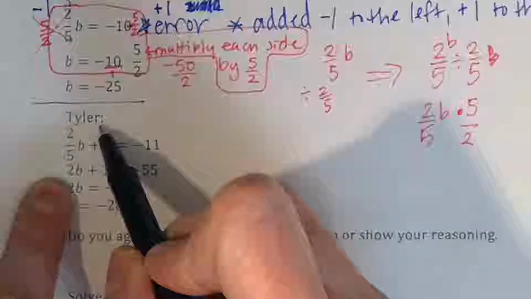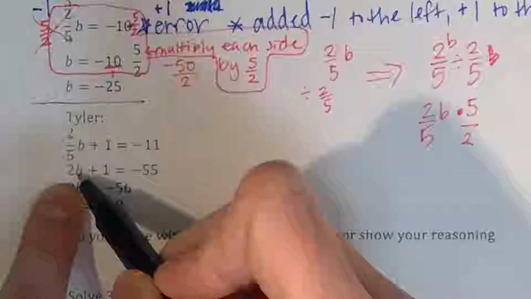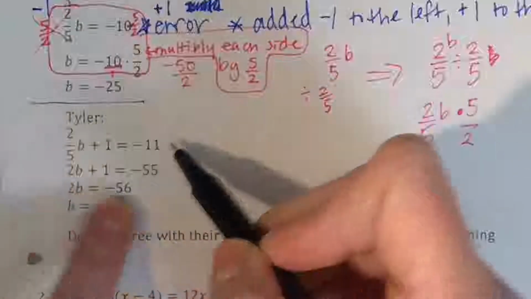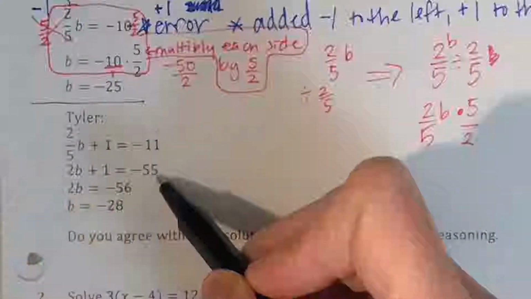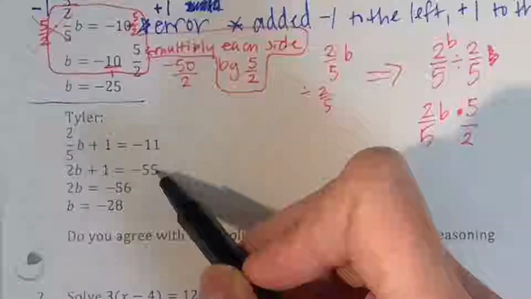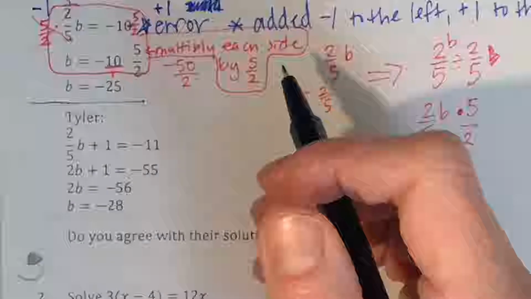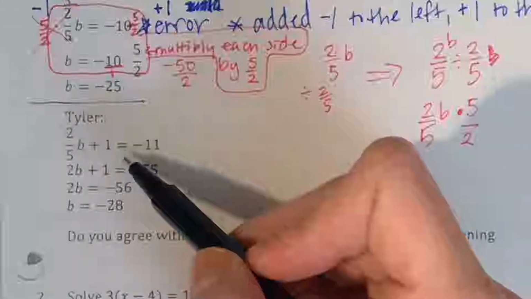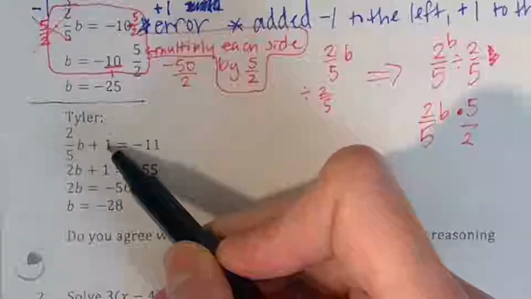So on his first step on the left side, 2/5 b became 2. The 1 stayed the same. And over on the right, -11 became -55. This one might be a little trickier to see because 2/5 became 2.